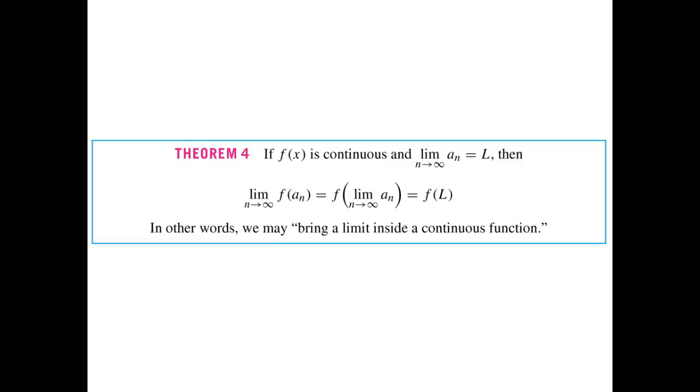So let's apply that in example 11. And I'm pretty sure that 11 isn't given, so let's do it here. Here is a sequence: a sub n is equal to 3n over n plus 1.